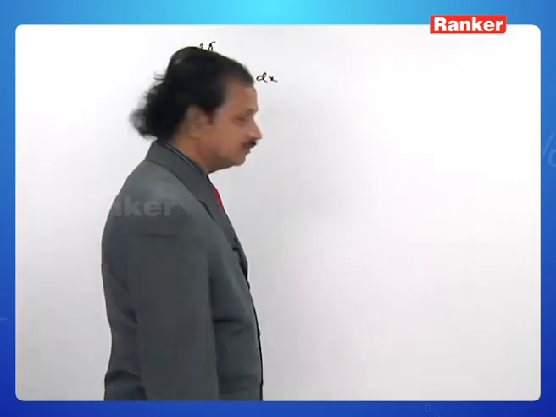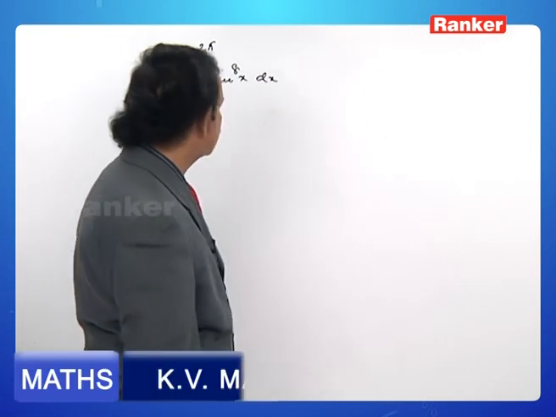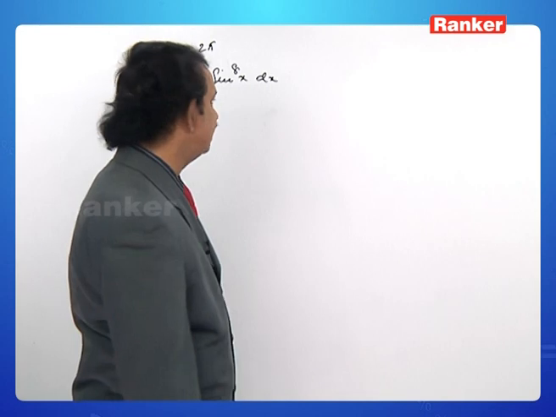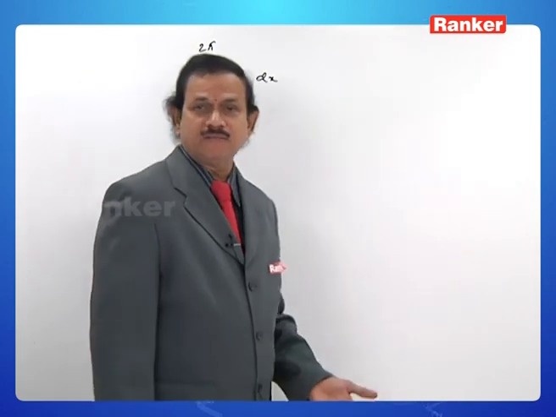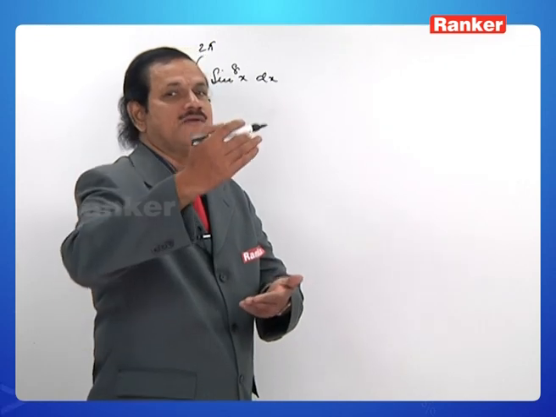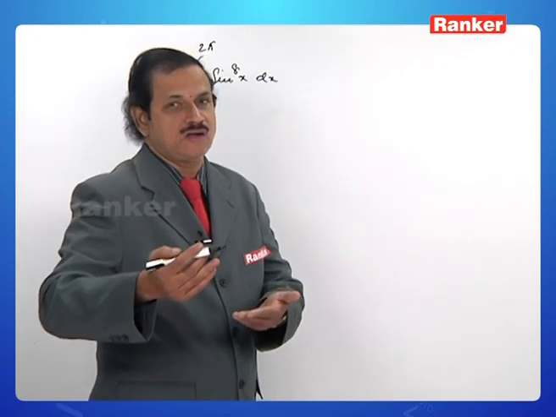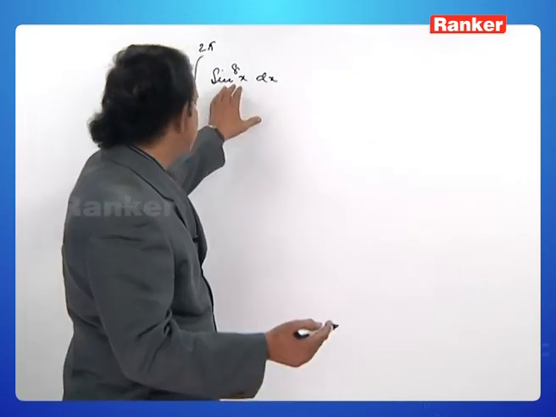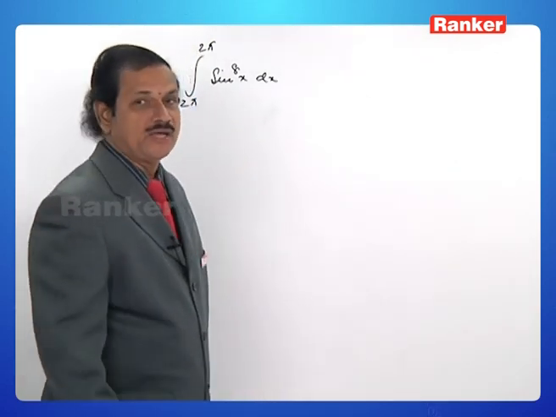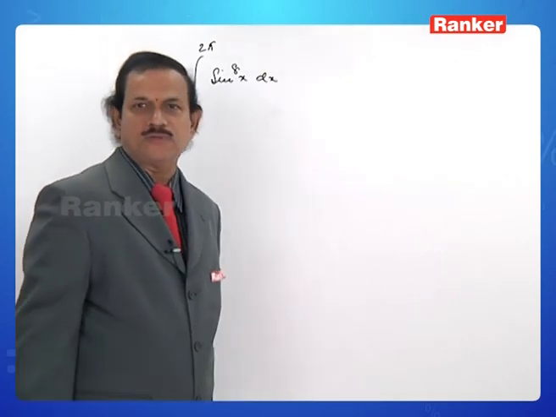Now you consider the question integral minus 2 pi to 2 pi sine power 8x. Again, we may have to recall the previous formula, that is integral minus a to a f of x dx. What happens to that? If the function inside, in the place of integrand, is an even function, you may have to write it as 2 into integral 0 to a.